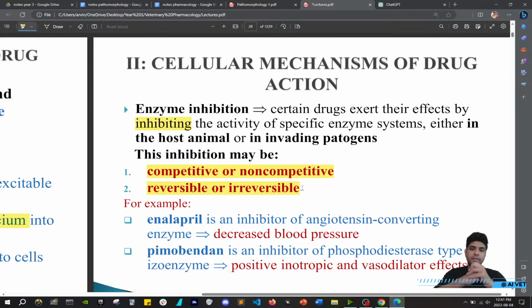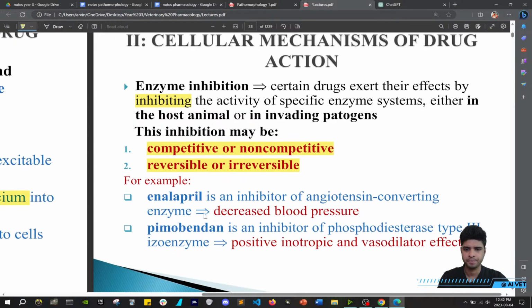So what these enzyme inhibitors do is they come and block either the entry, or they connect in different locations of the receptors, and they block them competitively or non-competitively, reversibly or irreversibly. The irreversible ones are also known as suicide inhibitors.